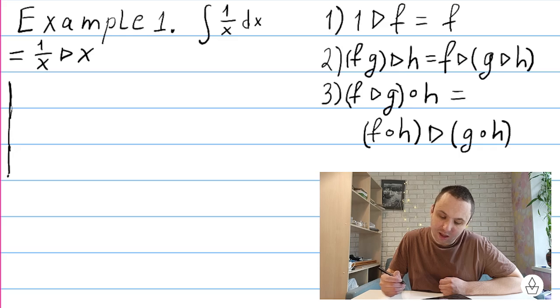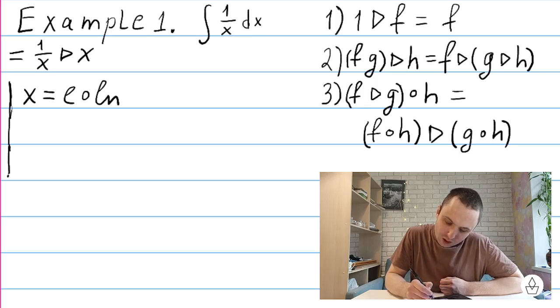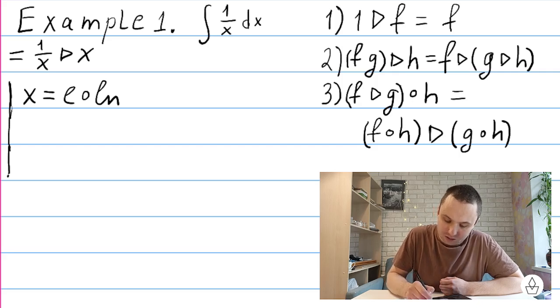This is exactly the case where we need the exponential and the logarithm. Remember that x can be written as a composition of the exponent and the logarithm. x is equal to exponent composition logarithm. By definition, exponent is equal to exponent integral x.